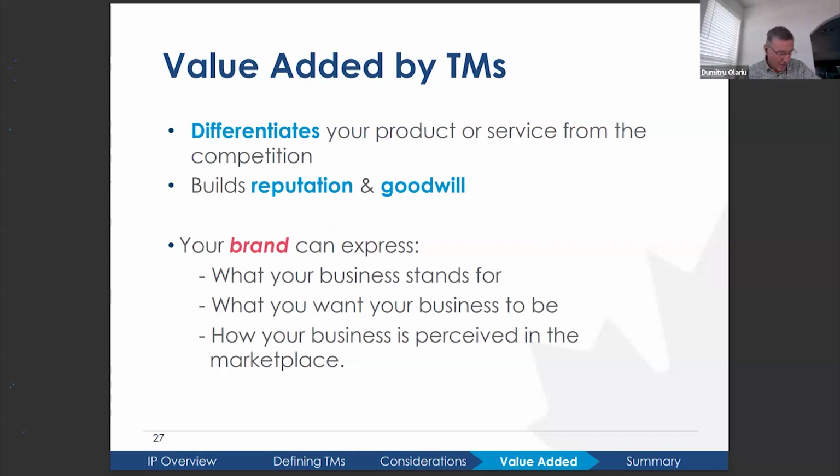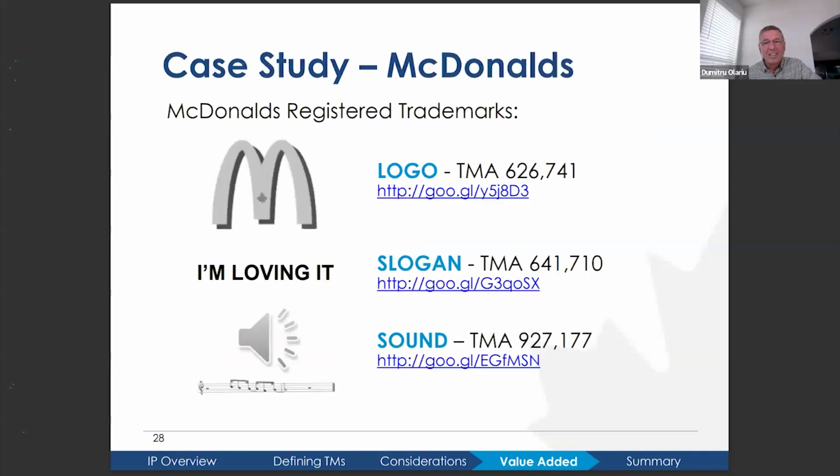Now, because we are towards the end of the presentation, next slide, please, with examples of famous trademarks. So trademarks, as I mentioned, might be logos, slogans, sounds. You have here an example of McDonald's trademarks relating to all types of identifiers.